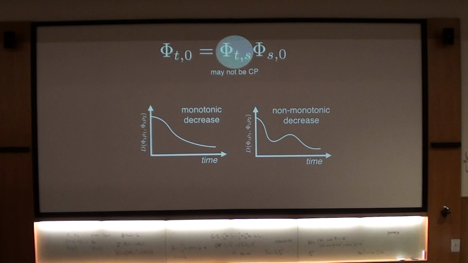So the system is not just losing information, it can gain temporarily and then it goes back. And this partial increase of information is a signature of memory effects. So memory effects, and hence non-Markovianity, are physically associated with what is called information backflow.